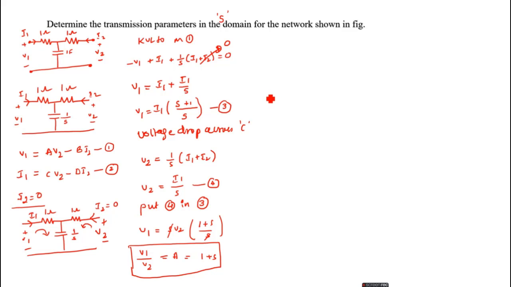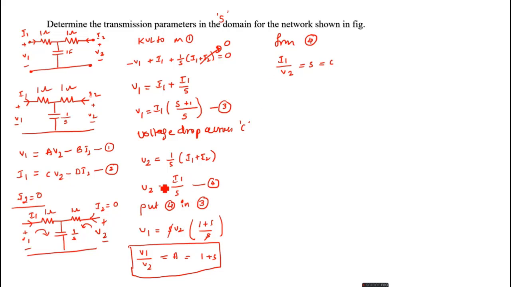Alright, then from equation number 4, I can simplify this as I1 divided by V2, that is equals to S, that is nothing but C. See here, what is C here? C equals I1 divided by V2.